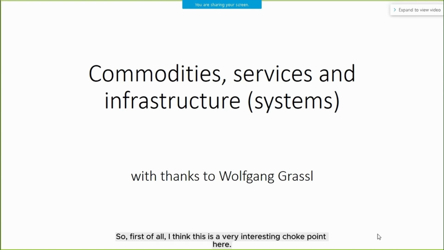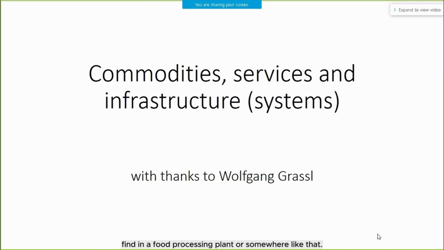Okay, so first of all, I think this is a very interesting choke point. Most of the standard definitions of system, including the ones created by INCOSE and SEBoK, allow that there are natural systems, and mention the solar system in that connection. The solar system is certainly not under our control, but it is very much like an engineered artifact from some perspectives. We might build one. Secondly, digestive systems look very much like some engineered artifacts that you might find in a food processing plant.